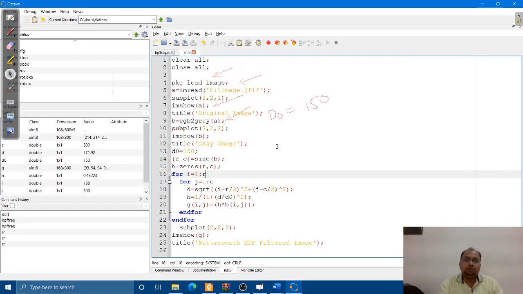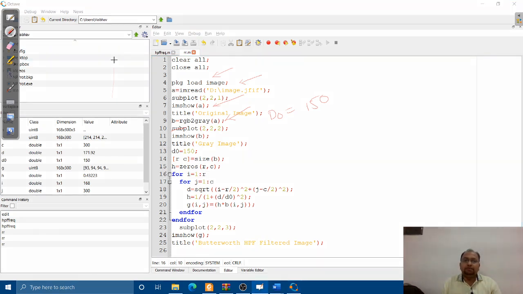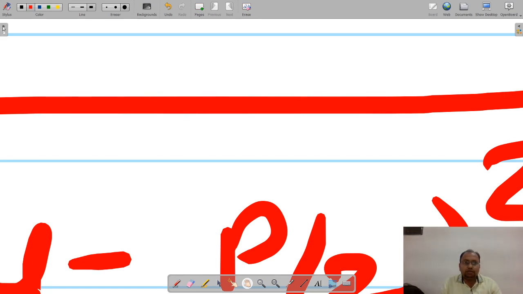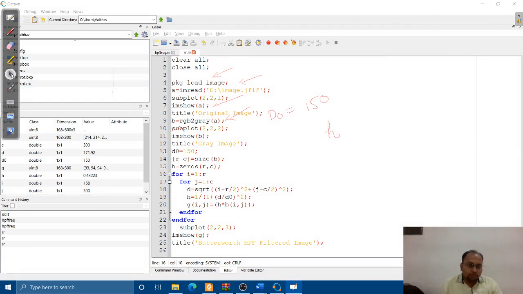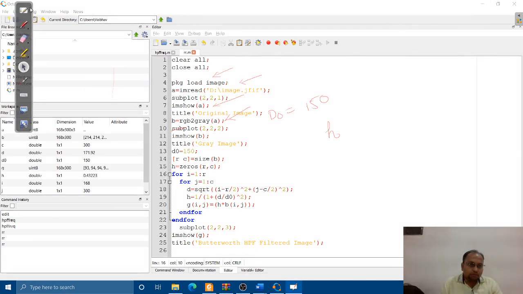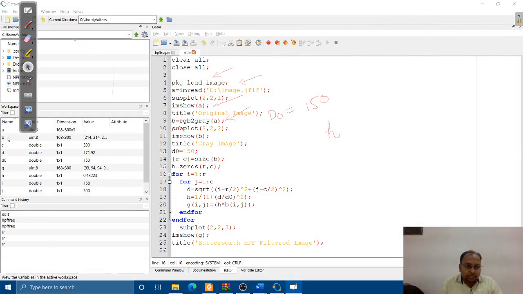I hope it is visible to you. Now let us take the size of B as the size for our filter mask. So H equals zeros of R comma C. We have defined H, my filter mask, with the size of B. Let us check what the size is.